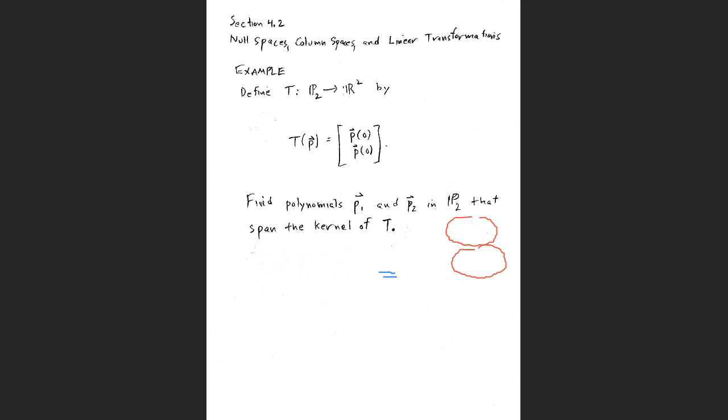So we want to find polynomials P1 and P2 in P2 that span the kernel of the transformation.